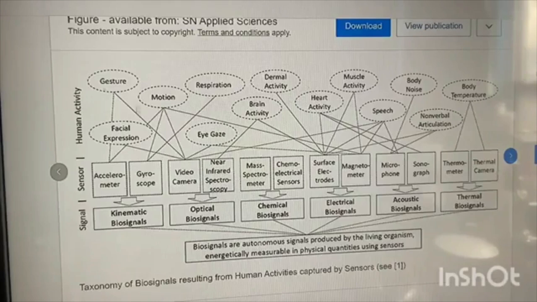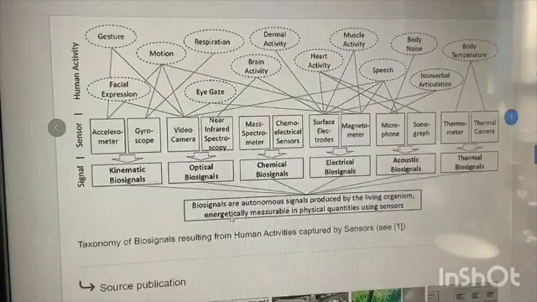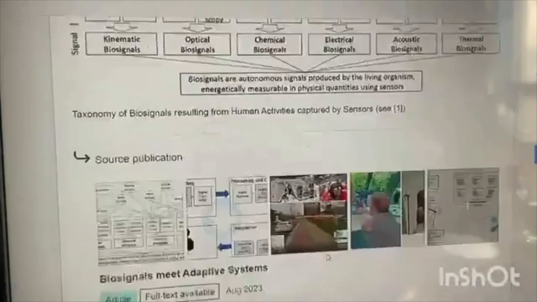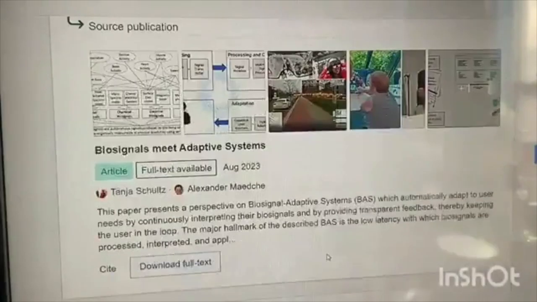And then you see the human activity that is measurable with the appropriate sensor and the appropriate signal type. Biosignals are autonomous signals produced by the living organism, energetically measurable in physical quantities using sensors. The taxonomy of biosignals resulting from human activities captured by sensors.